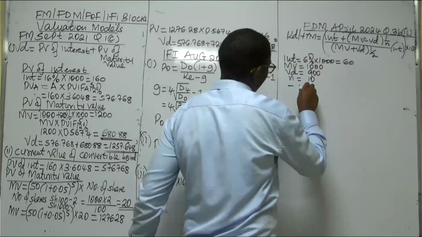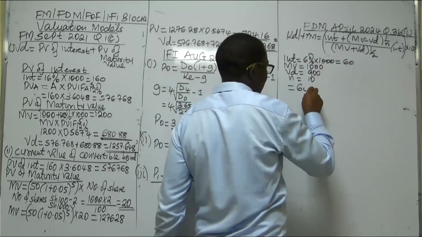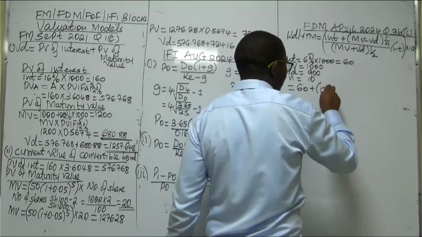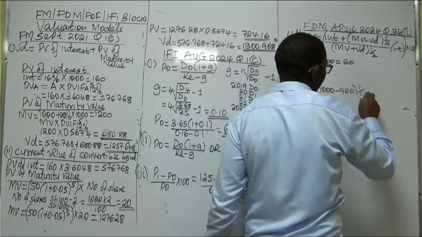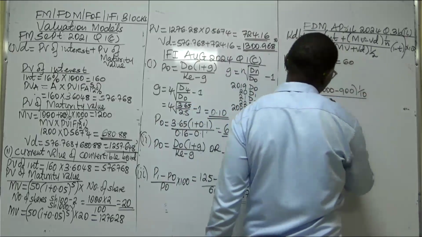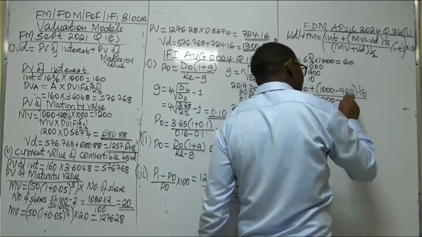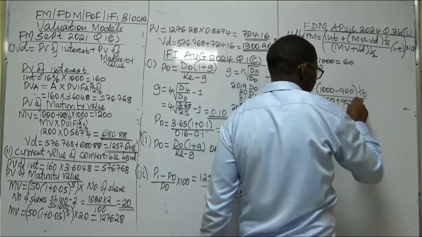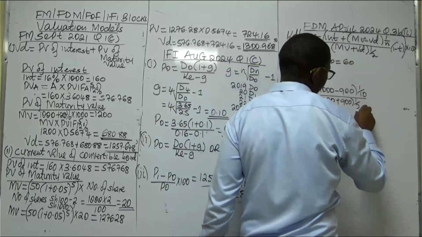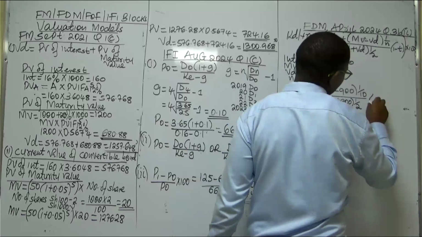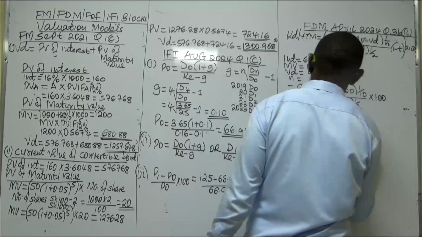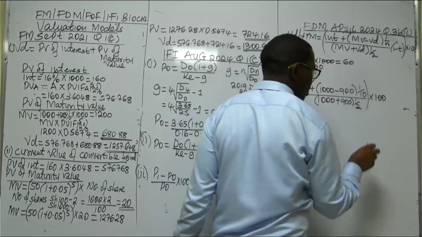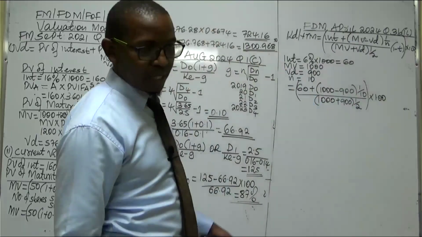And therefore, this will be interest 60, plus 1,000 minus 900, times 1 over 10, divided by 1,000 plus 900, times 1 over 2. Here there is no taxation, so I'll just multiply by 100. Whenever you're not given the taxation, don't assume 30%.